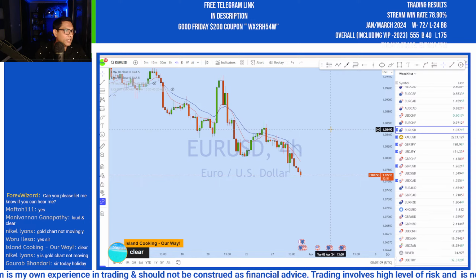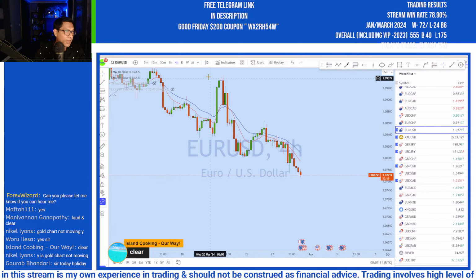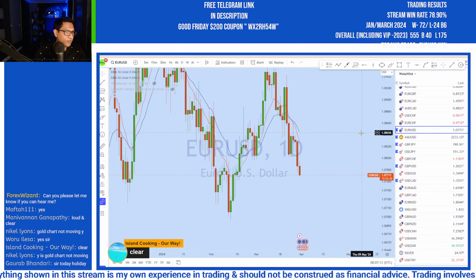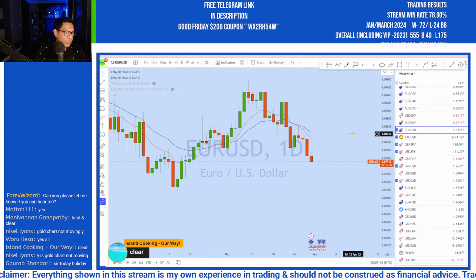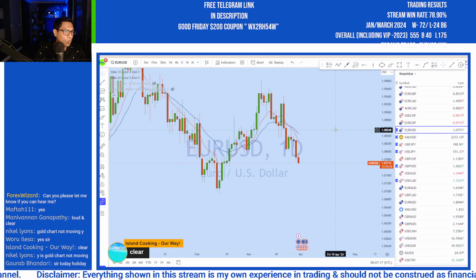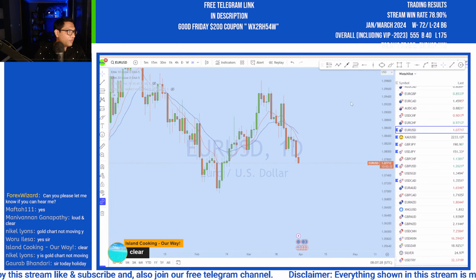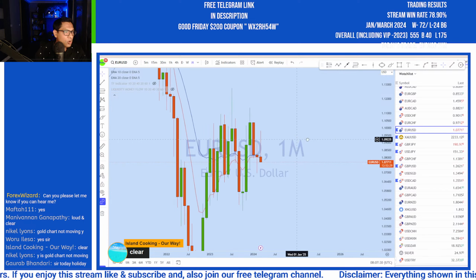So let's see, euro dollar I will be looking at from the higher time frame perspective, from the daily perspective, what the market is doing. Now if I look at the daily chart on euro dollar, we can see that it's a downtrending market. Also I'll be looking at the higher time frame, starting with the monthly. Why monthly?